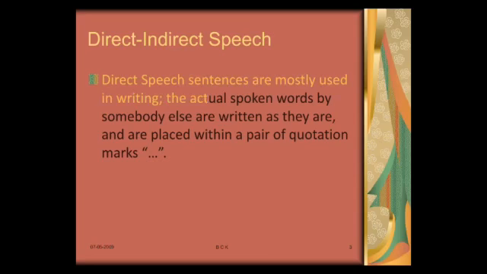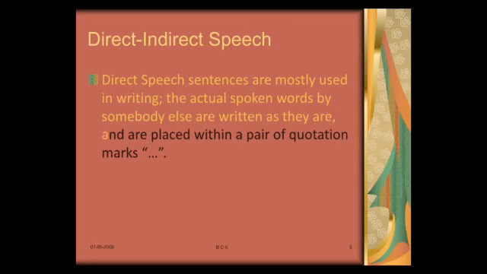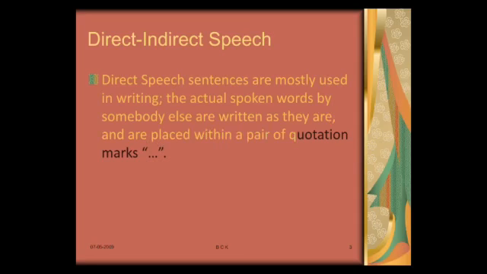The actual spoken words by somebody else are written as they are and are placed within a pair of quotation marks, like inverted commas. This direct speech is used in inverted commas, meaning something which is heard, the actual spoken words of someone else, whom we are listening to. That is said to be direct speech, and it is always placed in inverted commas.